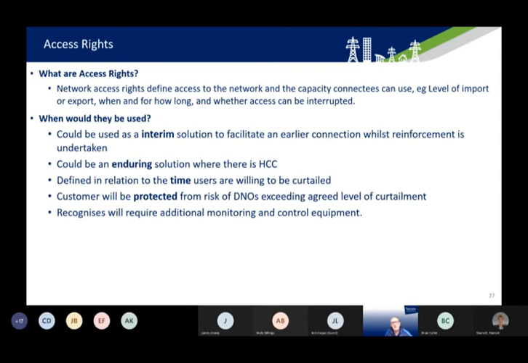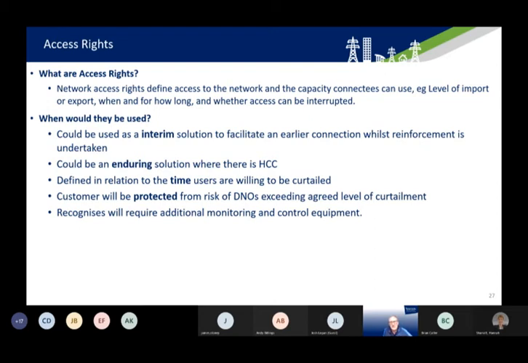But with the connection boundary changes, where people will be paying for the reinforcement, Ofgem recognises that for most instances, apart from where the high cost cap plays in, it's not going to be something people wish for. Because why would you want to be curtailed if you can have a firm connection and not pay for the reinforcement?